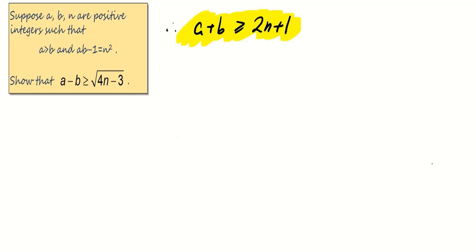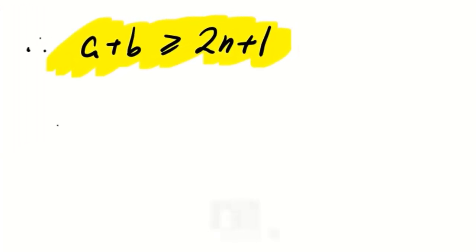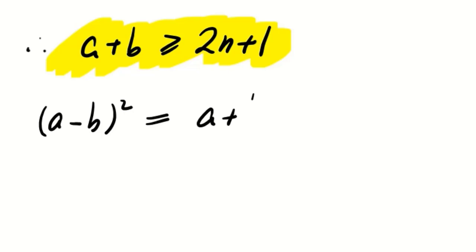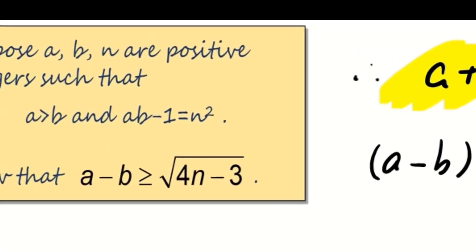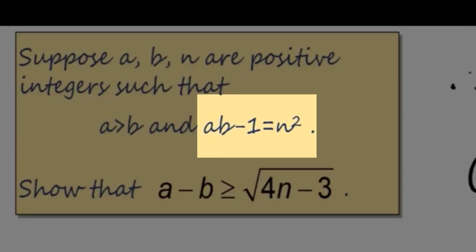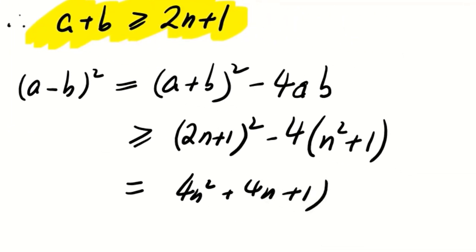This relation of a plus b greater than or equal to 2n plus 1 is very important because we have the relation of a minus b squared equals a plus b squared minus 4ab. Because a plus b is greater than or equal to 2n plus 1, this is greater than or equal to 2n plus 1 squared minus 4ab. ab is equal to n squared plus 1, and this is equal to 4n squared plus 4n plus 1 minus 4n squared plus 4.